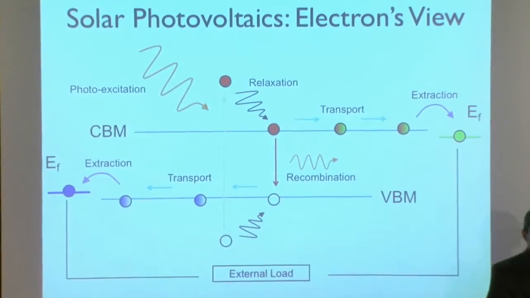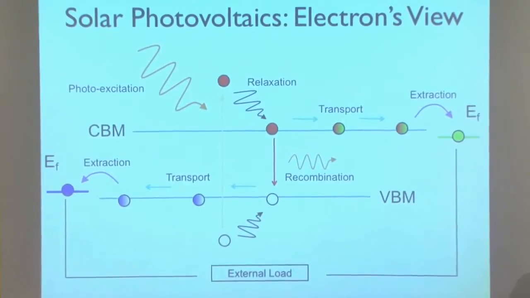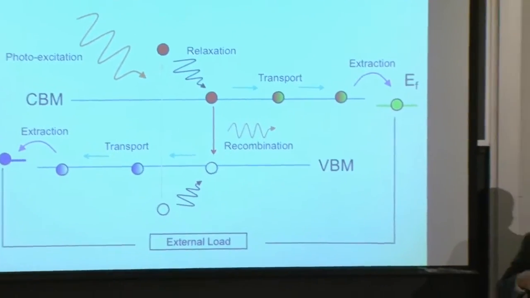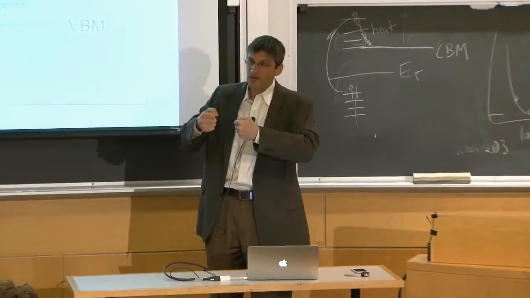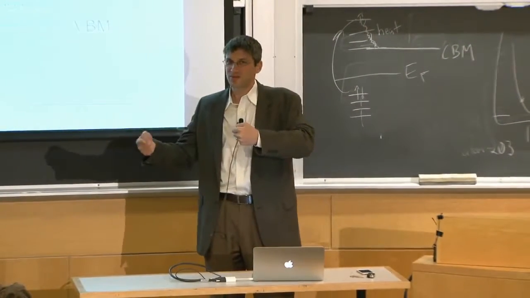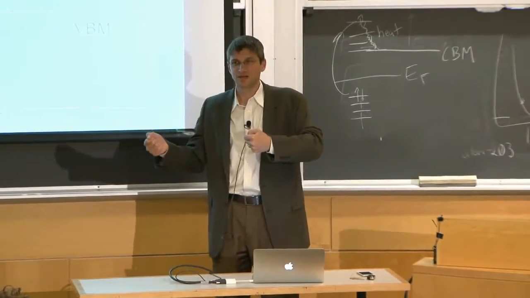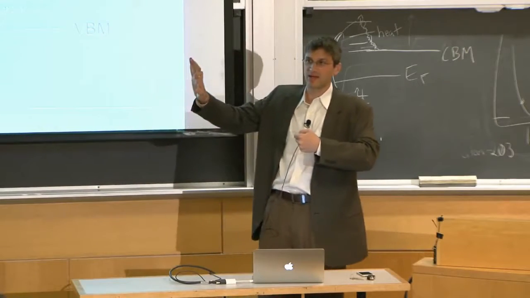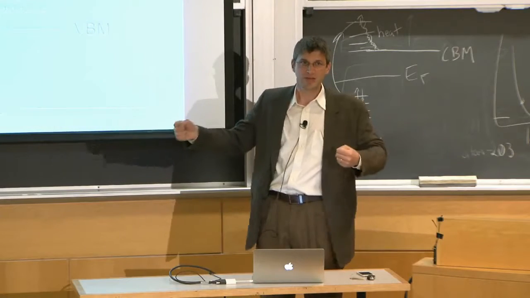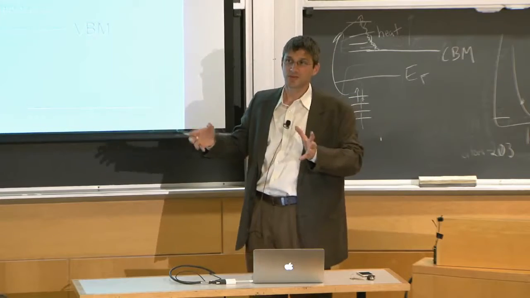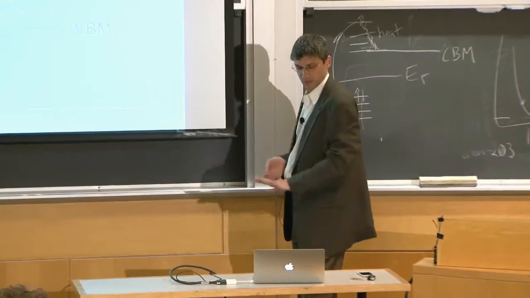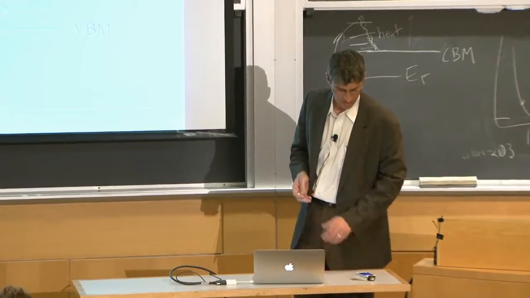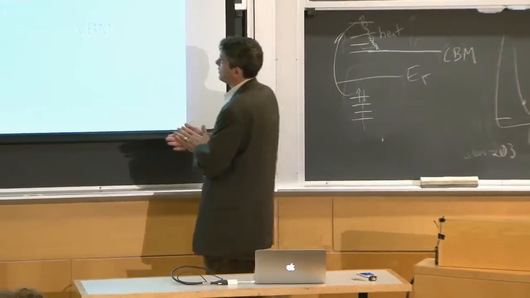The way you do it is you create interfaces where, when the electron and hole pair get to the interface, one of them sees that the grass is really greener on the other side of that interface, and the other one's like, I don't like that material. And then they split. That's called a type 2 heterojunction, which I'll show you a picture of in a little bit, or maybe Thursday at the beginning of class. I think I might have time.